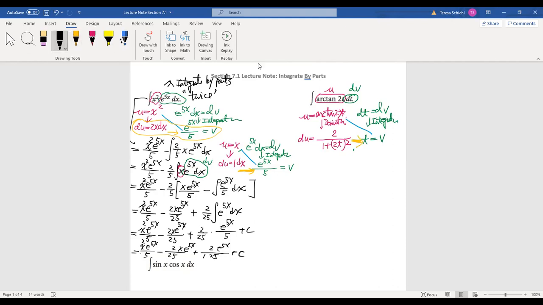Okay, let's try to write it out. The uv will be t times arctan 2t.